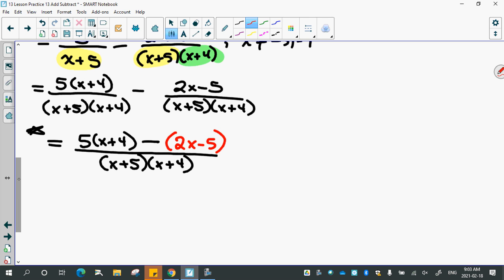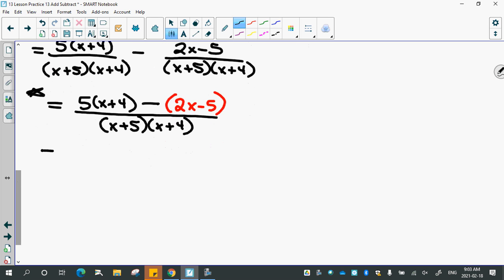So you need to have those brackets. Perfect. So the next step is to expand and simplify the numerator. I've got a distributive property here, and I've got a distributive property here that I can't forget about either. A negative is like a negative 1, multiplying each thing in the bracket.